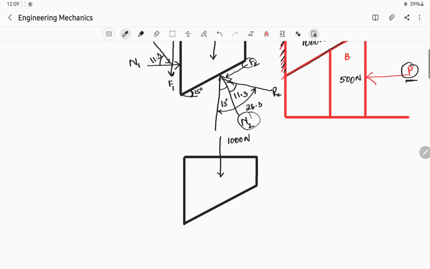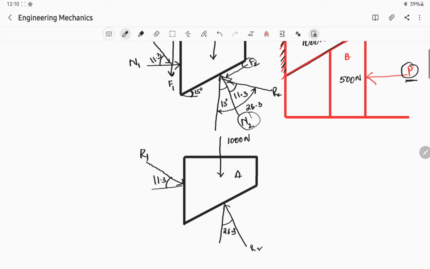So I'll place only R2 here, and R2 makes an angle of 26.3 degrees with the y-axis, whereas R1 makes an angle of 11.3 degrees with the x-axis. So these are the three forces acting on this wedge A.